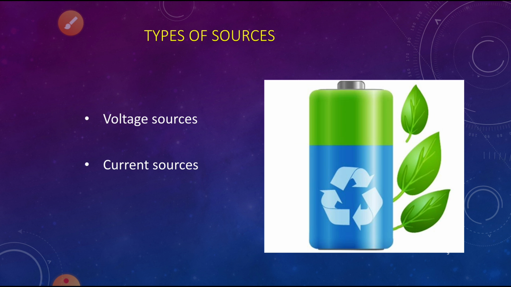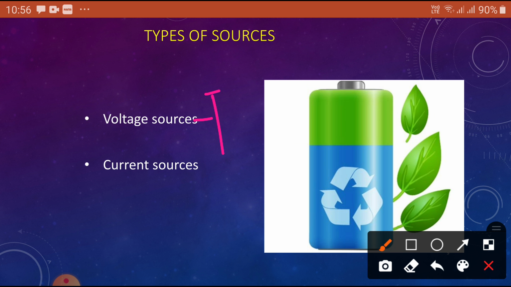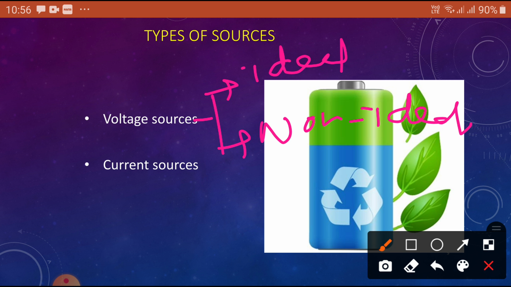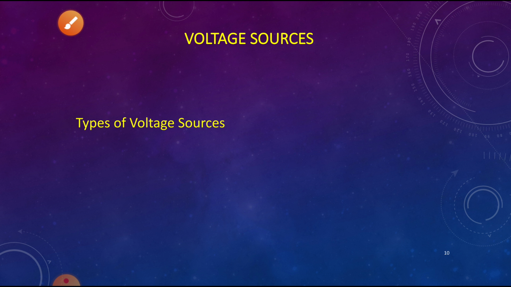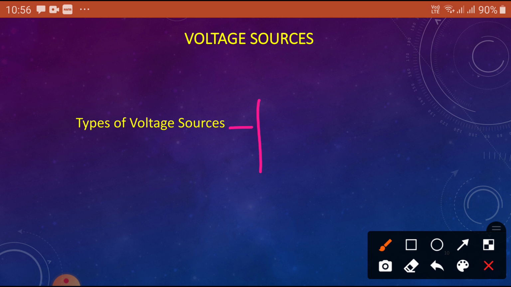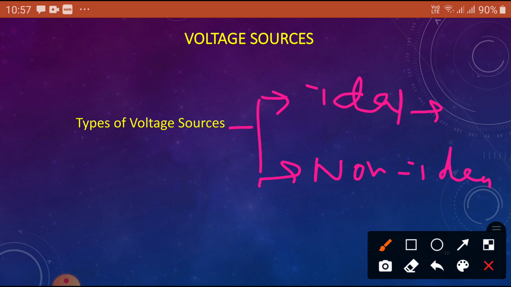Now the voltage sources are further classified into two types: one is the ideal and the other is the non-ideal. Let us see this one. Ideal means your father is the ideal father, and whatever salary he takes is given directly to your mother.